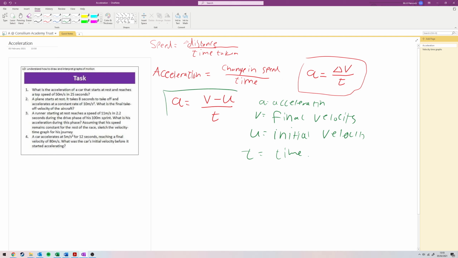So this here is the easiest way, I think, of writing this equation as a symbol. So I'm going to be using these letters when I'm answering the next questions. Now you know what each letter means.